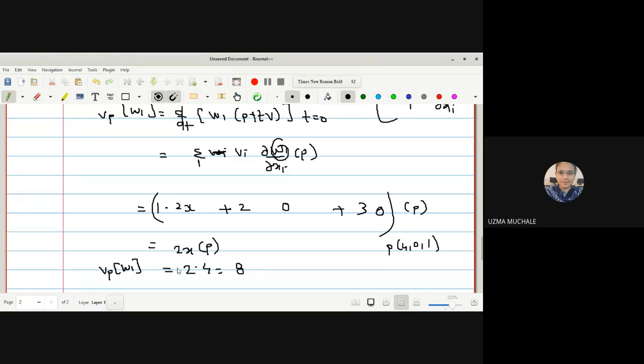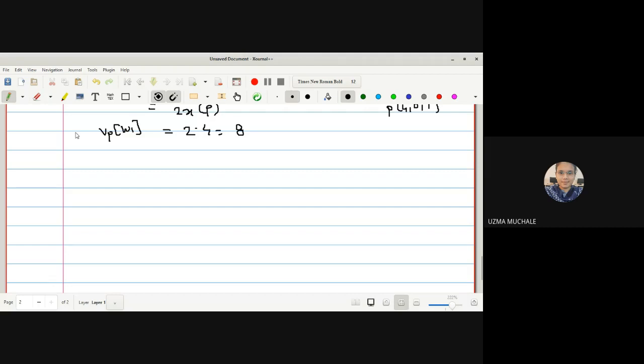That was the first coordinate after solving. Now v_p(w2). What is v_p(w2)? It is summation over i of v_i dou w2 with respect to x_i. Just see the similarity. Instead of dou f by dou x_i, here we are only changing it to w2. Okay, so what is your w2 first? It is yz. The coordinates of v_i are 1 plus 2 plus 3. Okay, w2 with respect to x, there is no term, so it is 0.